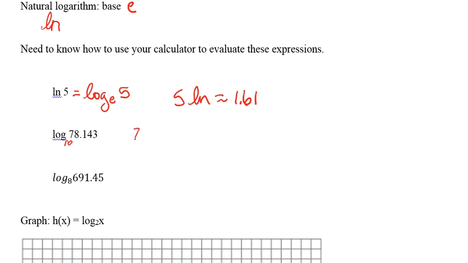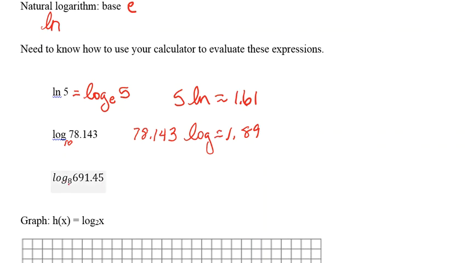On my calculator, I'm just going to do 78.143, then hit the log button, and I get approximately 1.89. That makes sense because 10 to the first is 10, 10 to the second is 100, and 78 is closer to 100 than it is to 10, so it's closer to 2 than 1.